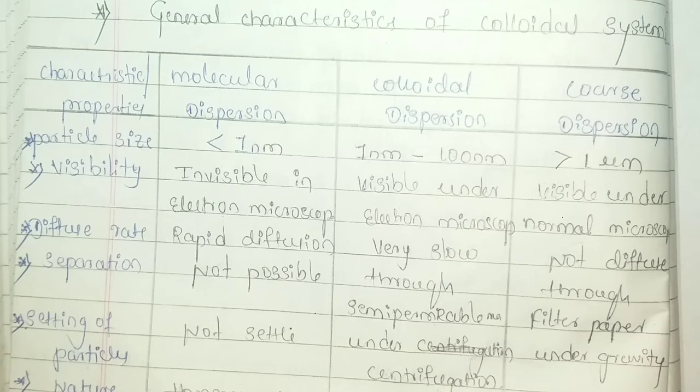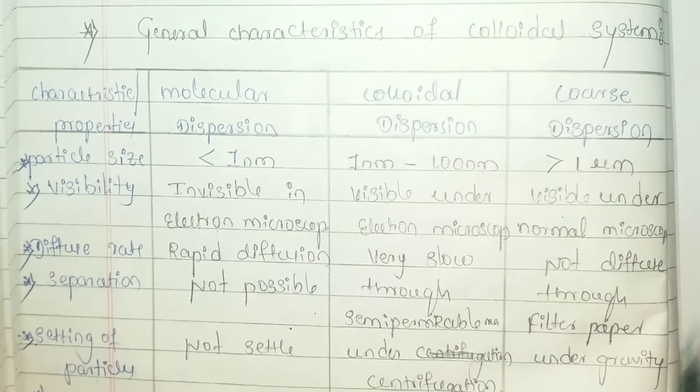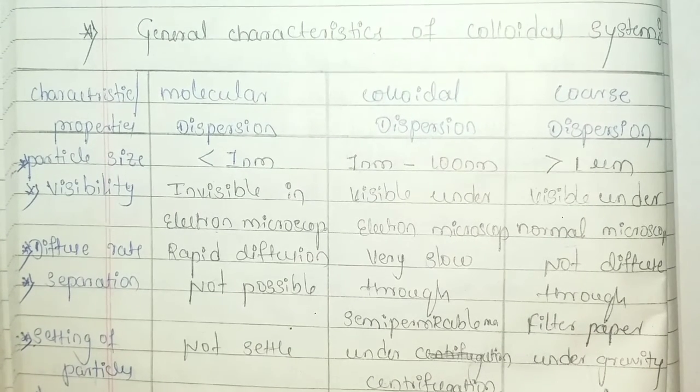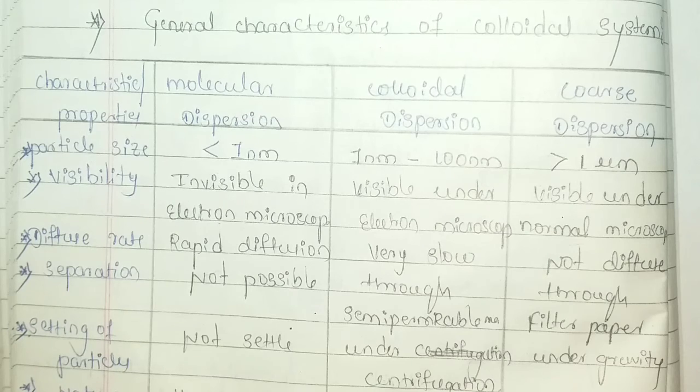When centrifugation is applied to that solution, the particles settle down at the bottom of the beaker. And the coarse dispersion is separated by filter papers and settles under gravity.